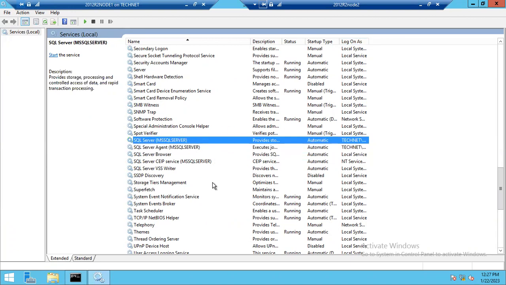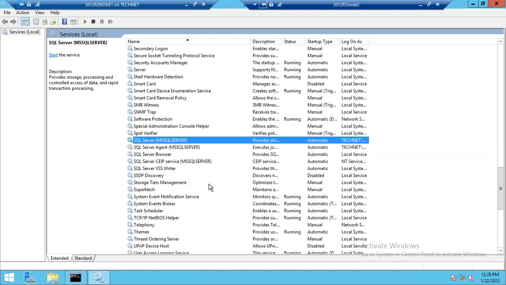Now, okay, I understand the problem: the log file on the primary is full due to the secondary not being available. The secondary is not available because the services on the secondary are in stop state.